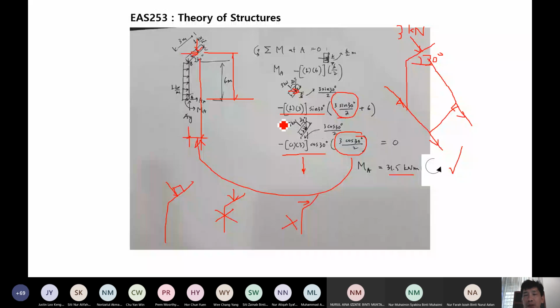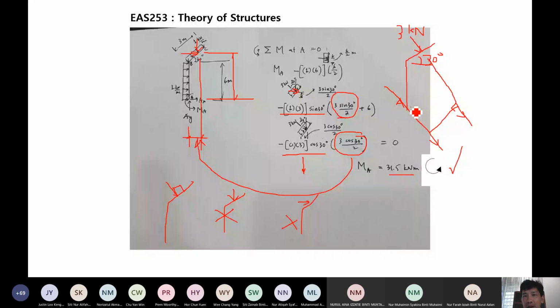So this is another way of considering the moment. Directly, don't go to the components, but directly use this total of 3 kilonewton, but the perpendicular distance is different now. We need to find this, or this, same.